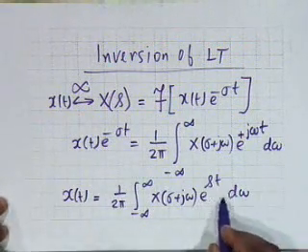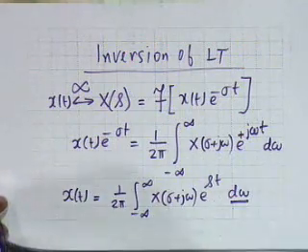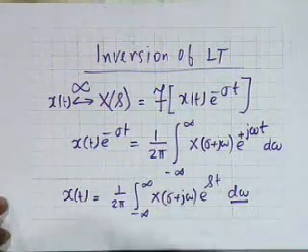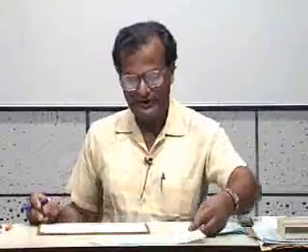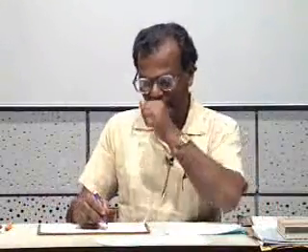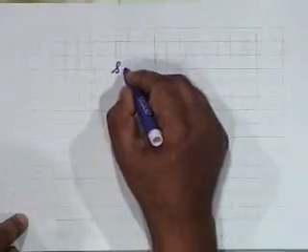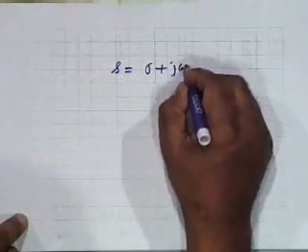The only problem, however, is that the dummy variable here is omega, whereas this is s. So we correct for this situation by putting s equal to sigma plus j omega.